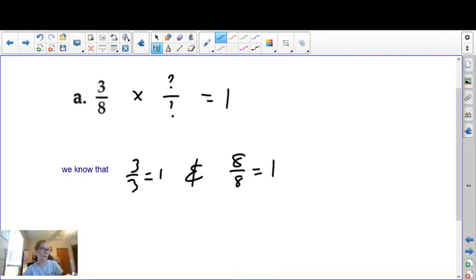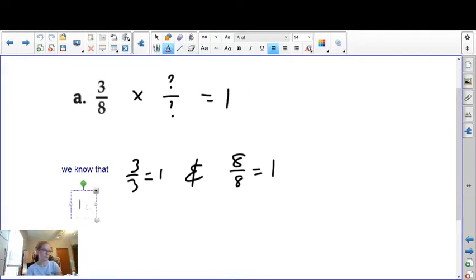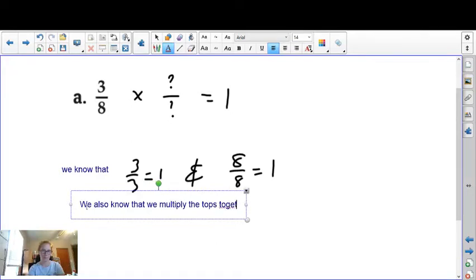So how can I manipulate this so that I can get 3 over 3 and 8 over 8? We also know that we multiply the tops together and the bottoms together.